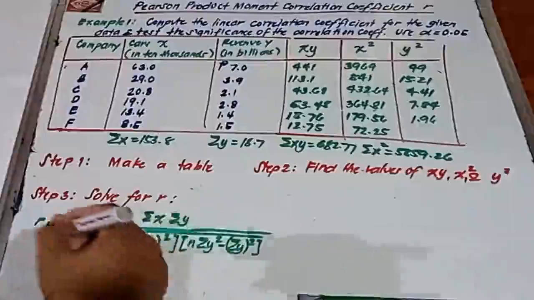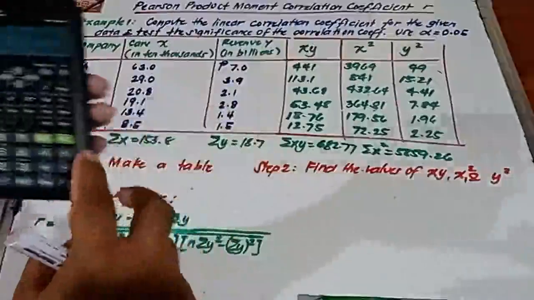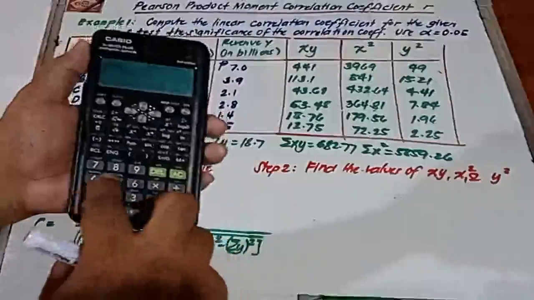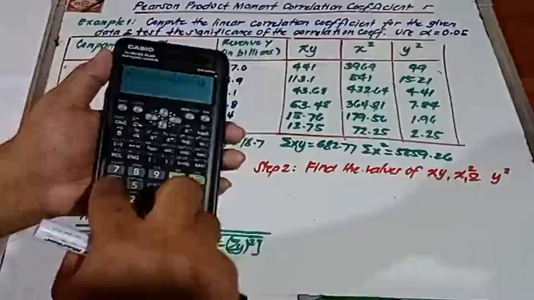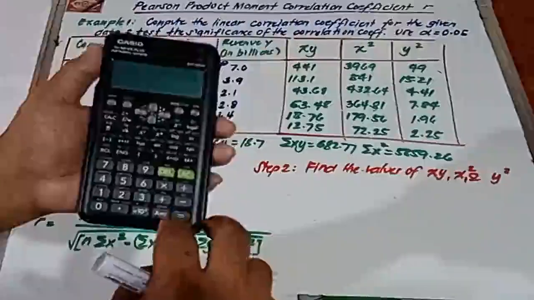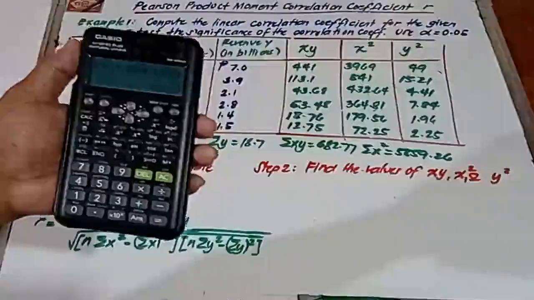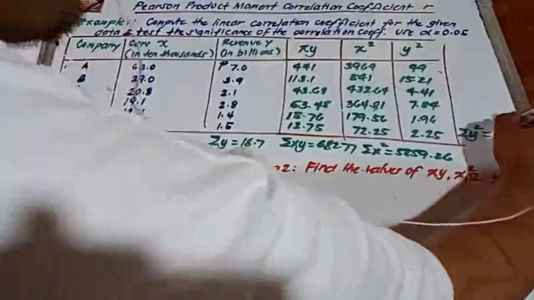And lastly, 1.5 squared is 2.25. Then, add natin siya. We have 49 plus 15.21 plus 4.41 plus 7.84 plus 1.96 plus 2.25. We have summation of y squared is 80.67. Dito natin lagay.